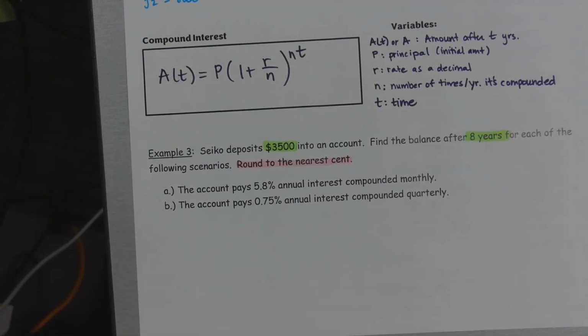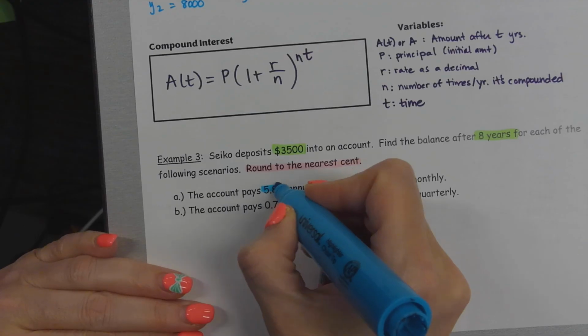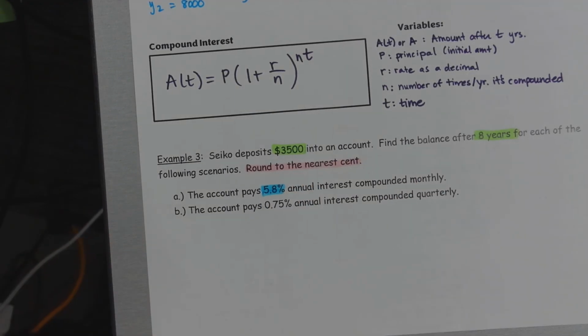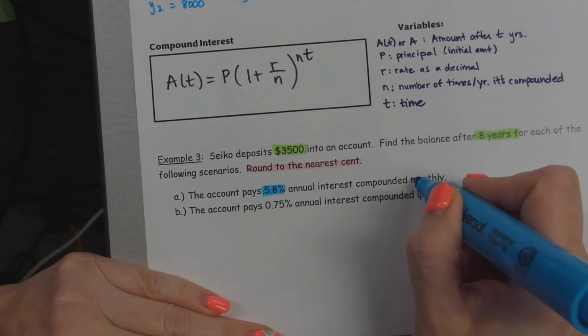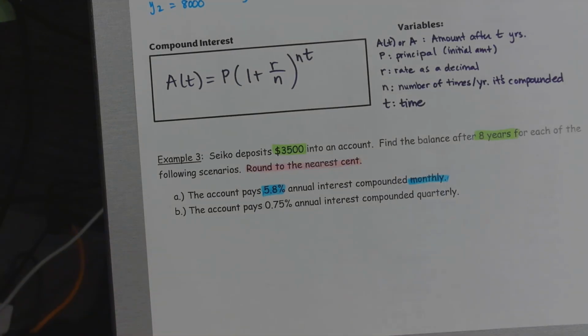Okay, I want you to put the variable above that we're going to plug that in for. Okay, and then for A, it says the account pays 5.8% annual interest compounded monthly. So from that, we are going to be using the 5.8%. We're also going to be using the compounded monthly.